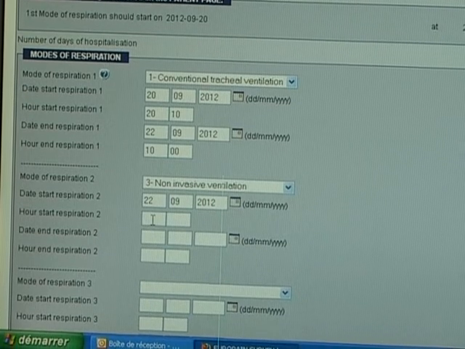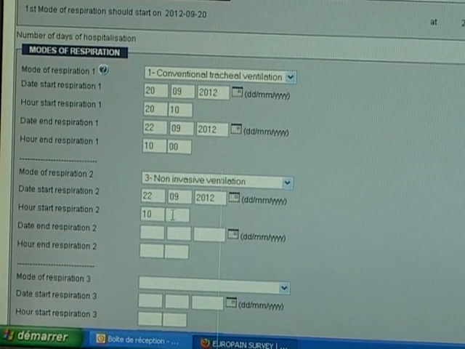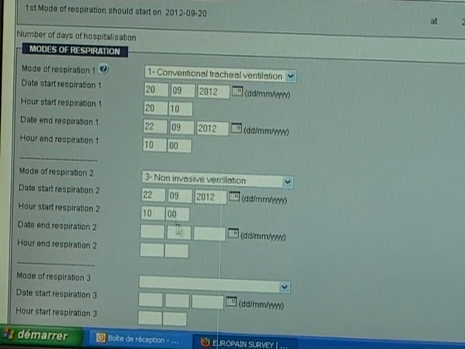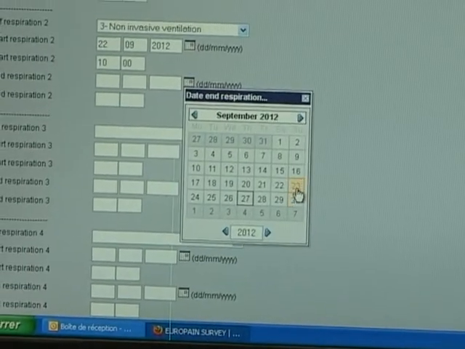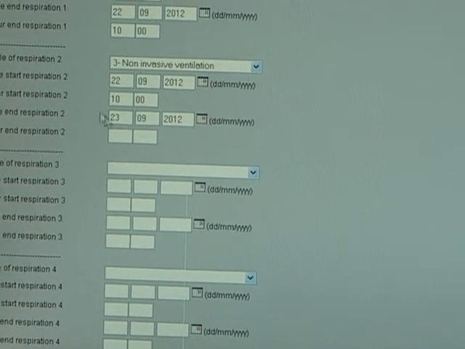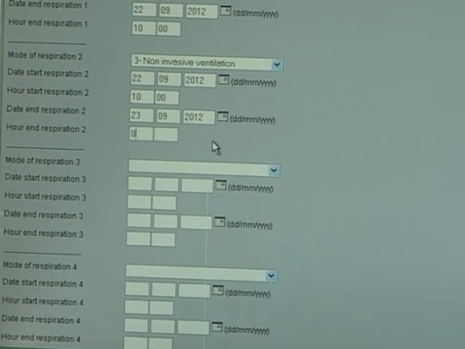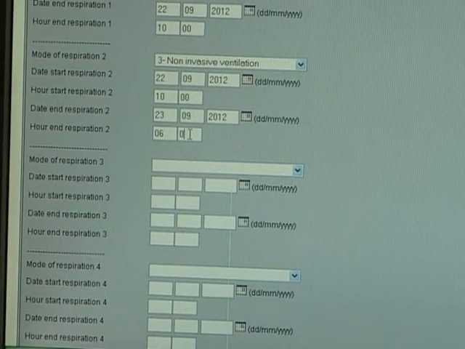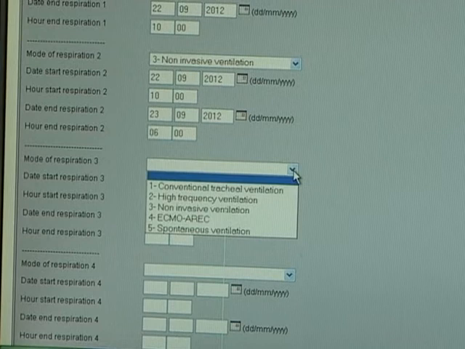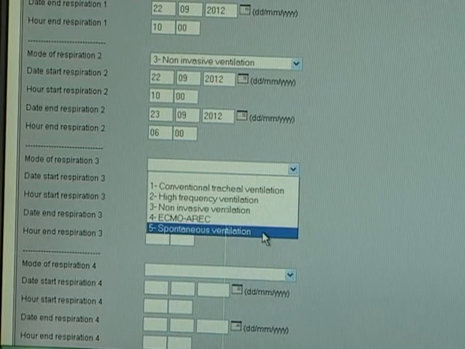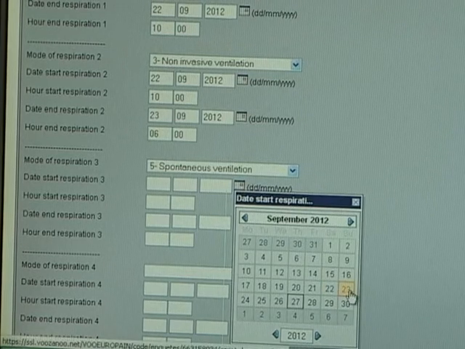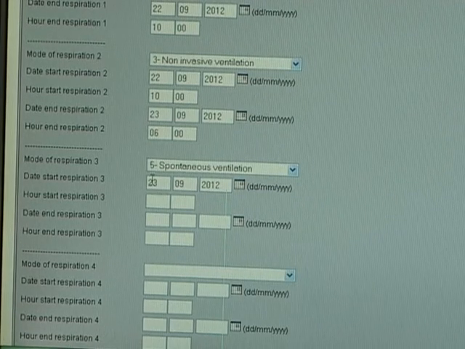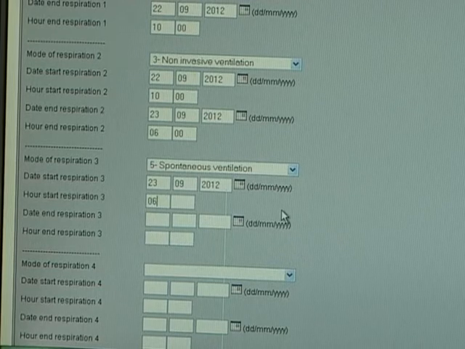This period started at 10 once the patient was extubated, and it ended the 23rd at 6 a.m. And then afterwards, the patient was on spontaneous ventilation from the 23rd at 6.